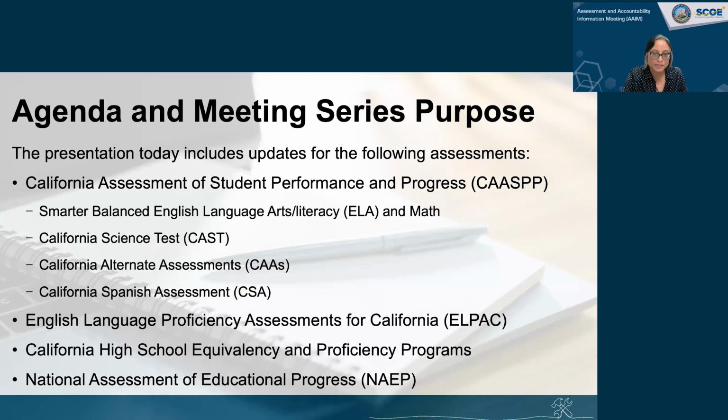I don't know if you're acronymed out already. I know I am. Updates will also be provided for the English Language Proficiency Assessments for California, or ELPAC, the California High School Equivalency and Proficiency programs, and the National Assessment of Educational Progress, or NAEP.